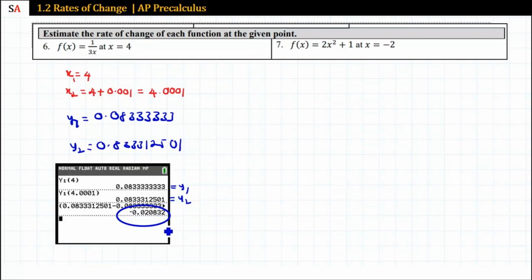Plug these values into the calculator and you will get the estimated rate of change, negative 0.020832.